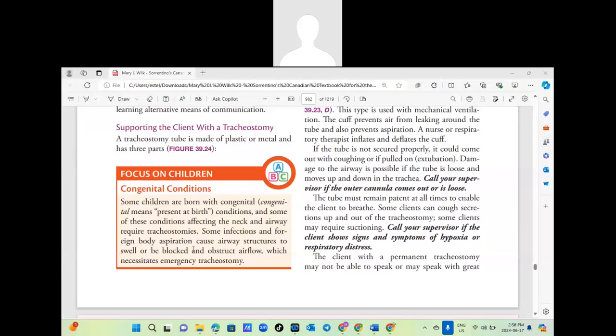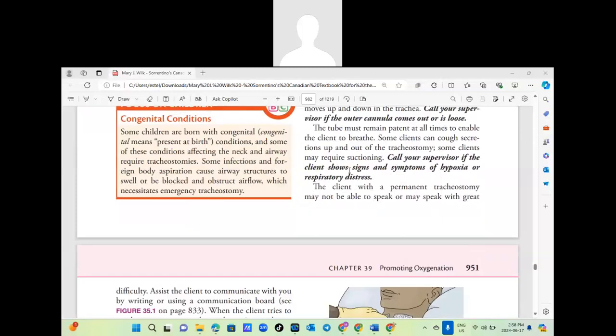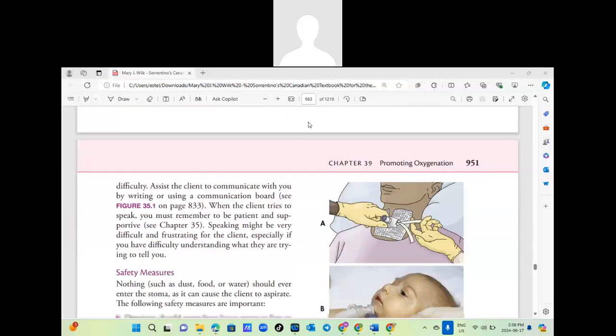Some infections and foreign body aspiration can cause airway structures to swell or be blocked and obstruct airflow, which necessitates emergency tracheostomy. Because again, tracheostomy is to provide patency of the airways. Again, hypoxia. You have to call your supervisor.